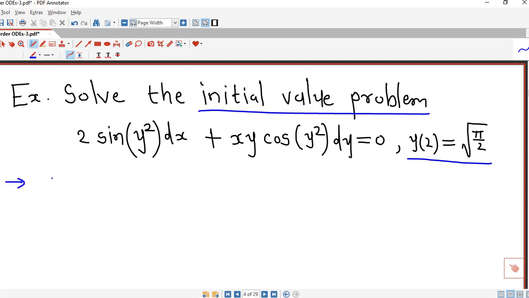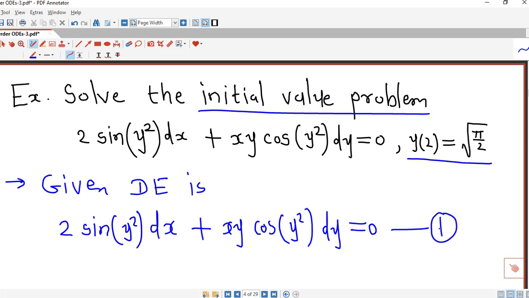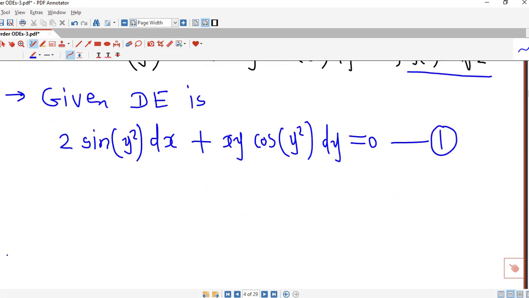First we write down the given differential equation: 2 sin of y square dx plus xy cosine of y square dy equal to 0. We give this number 1 so that we don't have to write down the given equation every time.